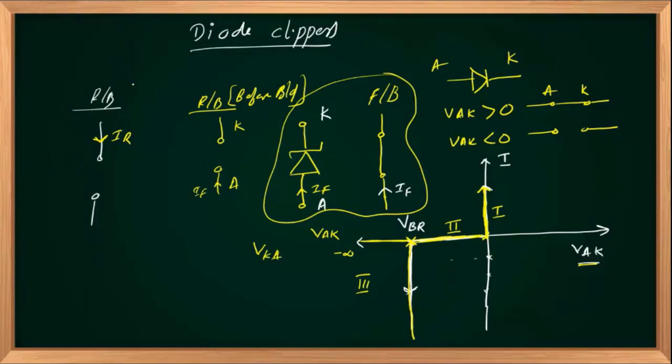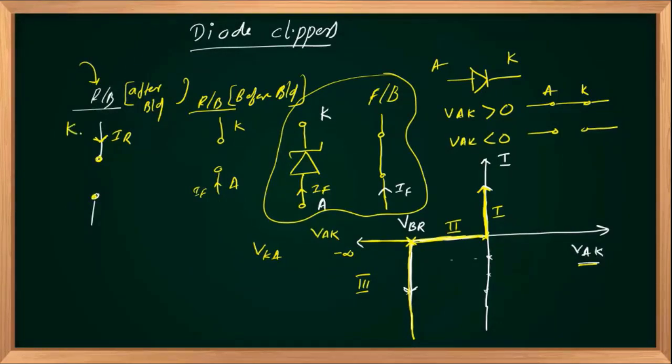So once it is in breakdown mode in the reverse direction, after breakdown reverse bias, I will write it as after breakdown, its current will be infinity, so it never stays in the open circuit mode.